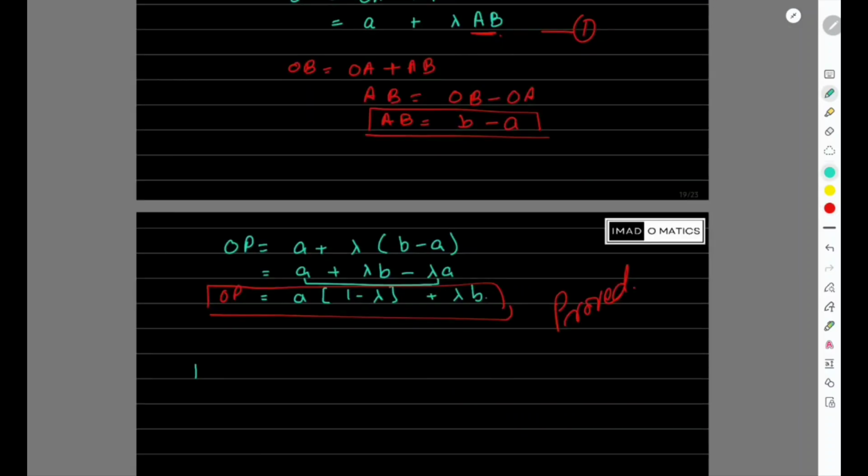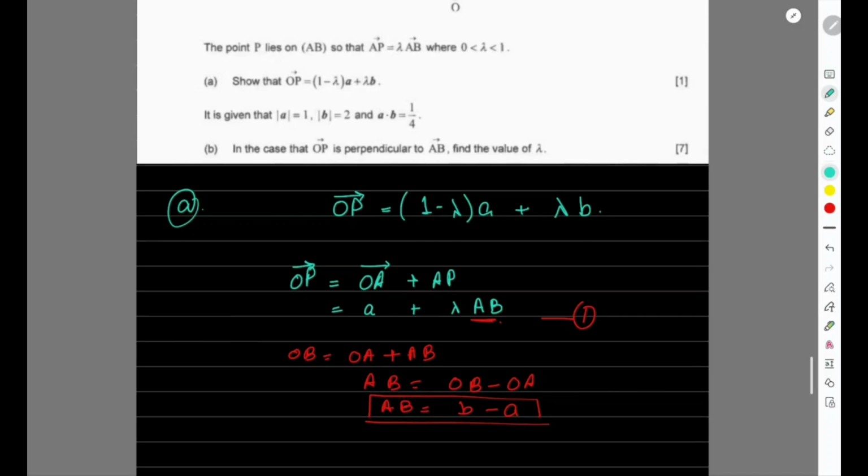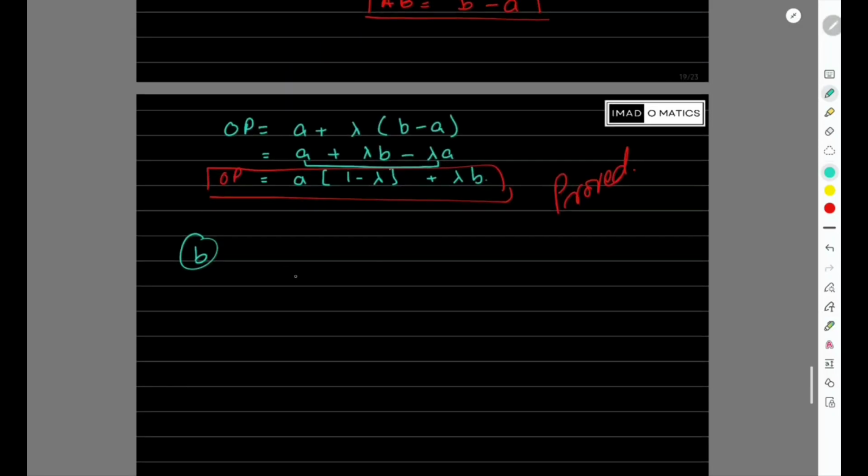Now solve part B. Part B states that it is given that mod A is 1, mod B is 2, and A dot B is equal to 1 by 4. In the case that OP is perpendicular to AB, find the value of lambda. We know that the dot product of perpendicular vectors will be 0, since OP is perpendicular to AB.